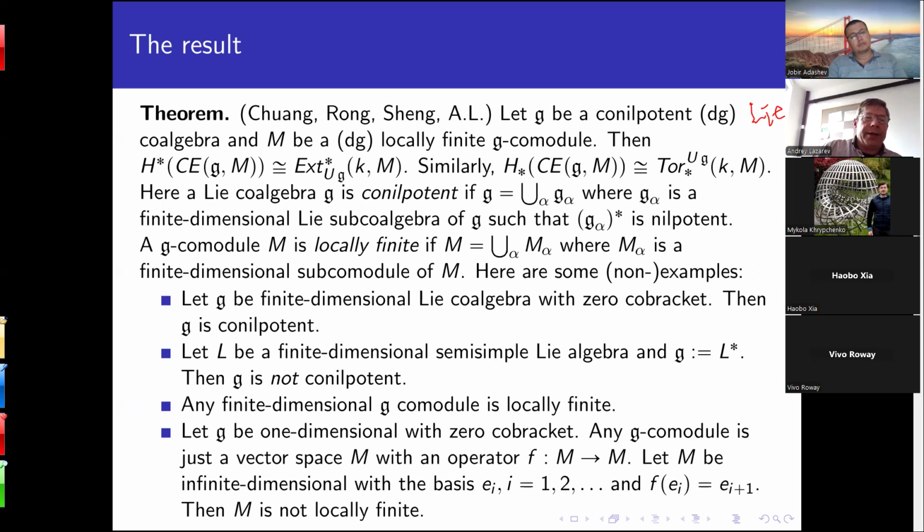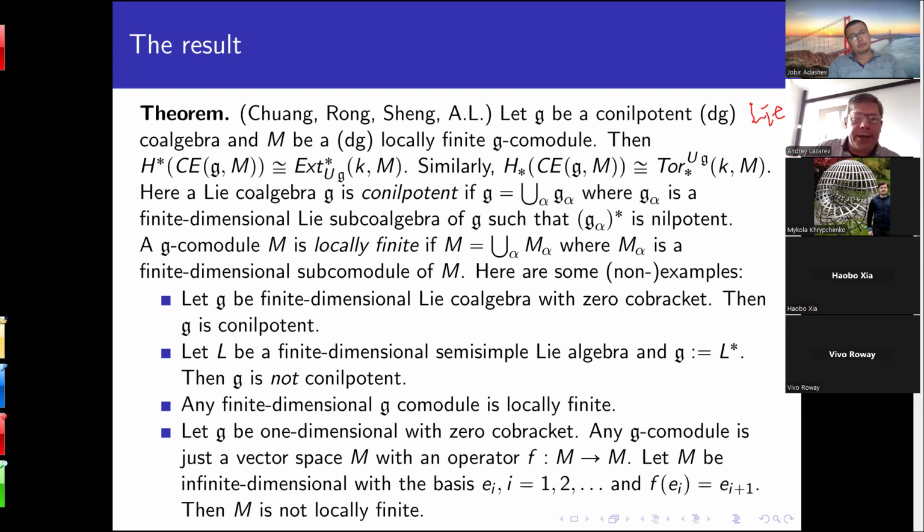Then the cohomology of the Chevalley-Eilenberg complex of G with coefficients in M is isomorphic to the derived functor of Hom in the category of comodules over UG from K into M. And a similar result holds for homology, for the Chevalley-Eilenberg homology.